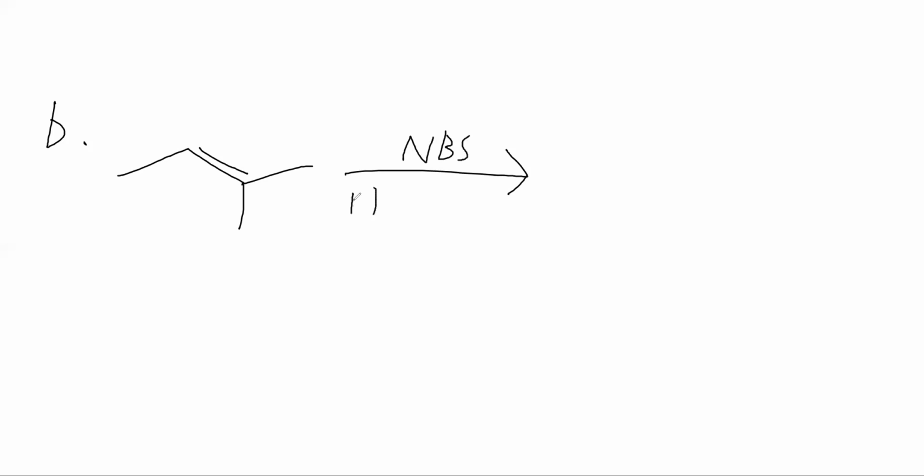So here we have NBS, H2O, and DMSO. DMSO is just a polar solvent, so don't really have to worry about it. But the NBS and H2O are important.